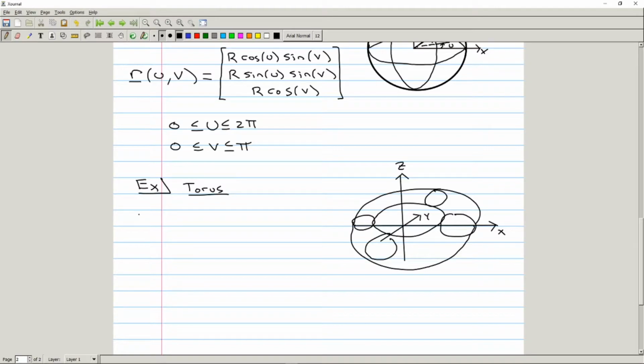I'm not going to do that here, but it makes a lot of sense based on the fact that the torus is almost like a combination of two circles, or a circle of revolution.